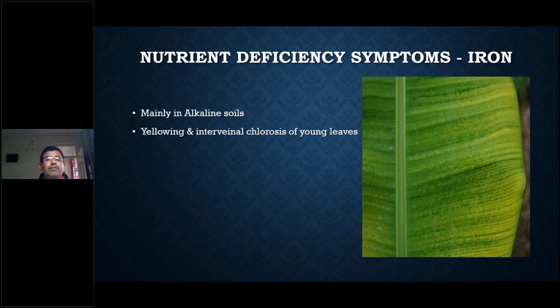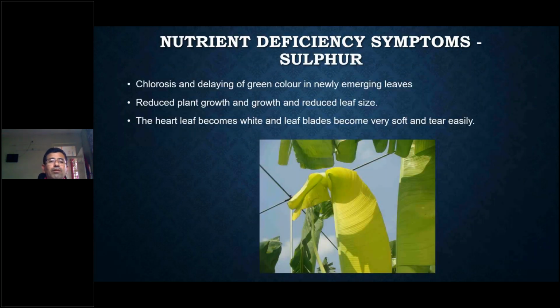Then sulfur deficiency. Sulfur is also a very important element for chlorophyll. So there is chlorosis and delayed green color in newly emerging leaves. That is one symptom, along with reduced plant growth and reduced leaf size.